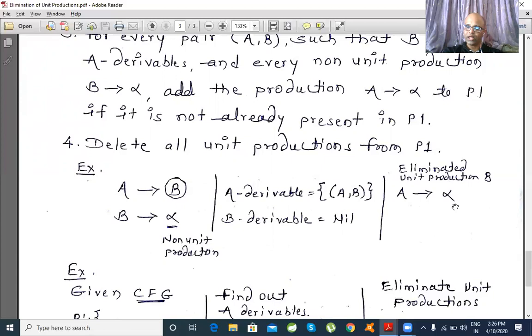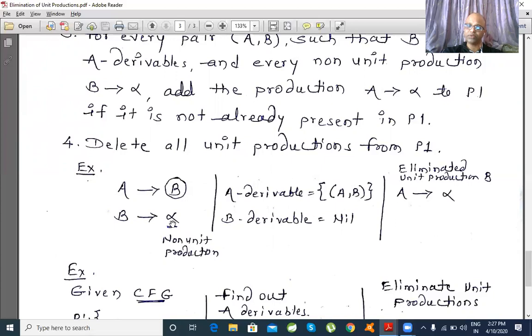So that in general, whatever language it is accepting, it should accept the same language.